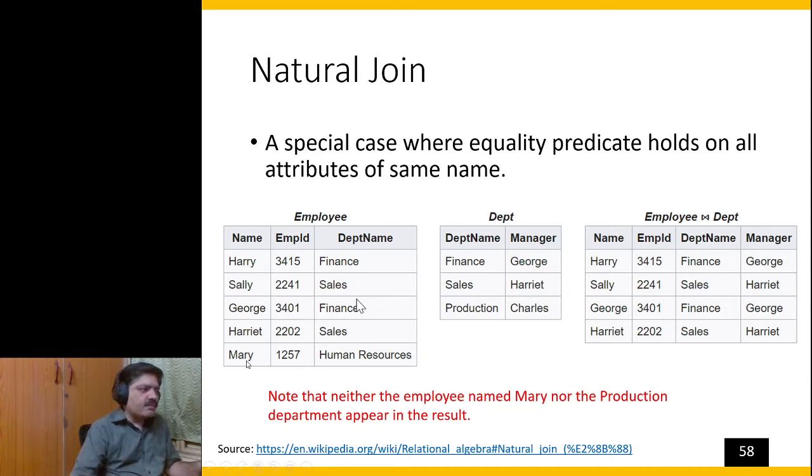For example, Mary belonged to human resources, which does not show up in the department, so we don't worry about taking Mary to the output. On the other hand, production is headed by Charles, but there is no employee in production anyway, so you don't see them here. We only take those employees for whom there is an entry when we do a natural join.